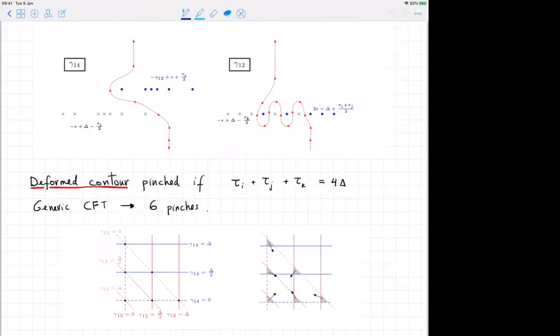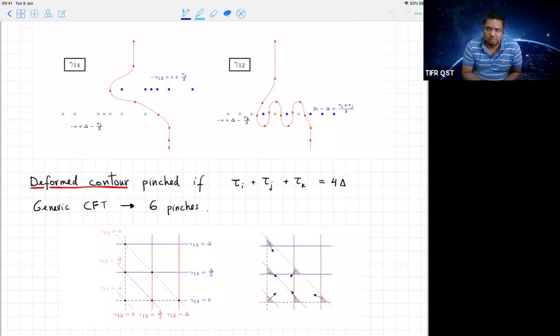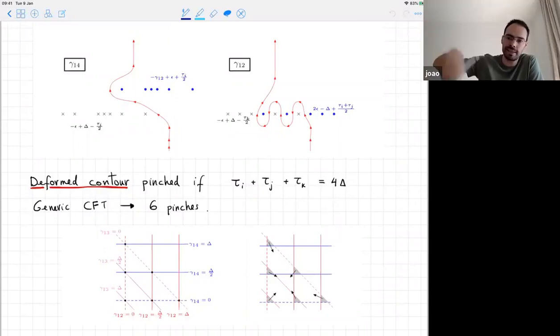So even if you subtract, it knows about them. Yeah, exactly. Thanks, João, that's an important comment indeed. So it's not like the Mellin amplitude doesn't have these poles. It has them, but they are basically on the other side of the contour. That's why the subtraction is there. But the Mellin amplitude still has these poles. That's why you can introduce a deformed contour where you pass on the other side of these poles and then you don't have to subtract them.